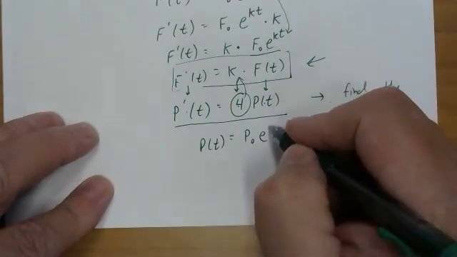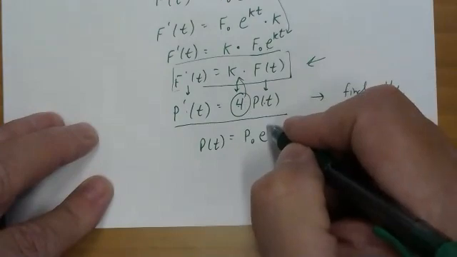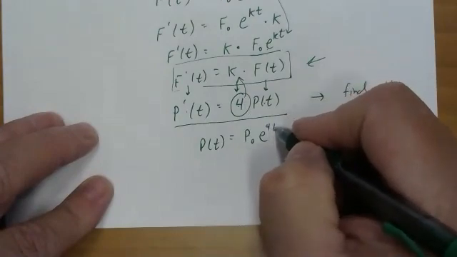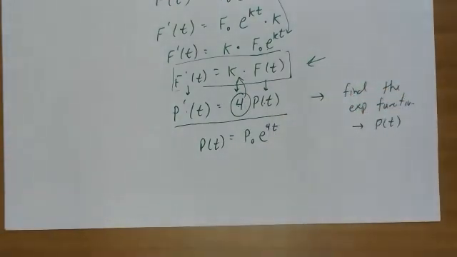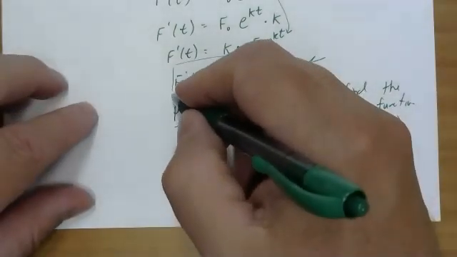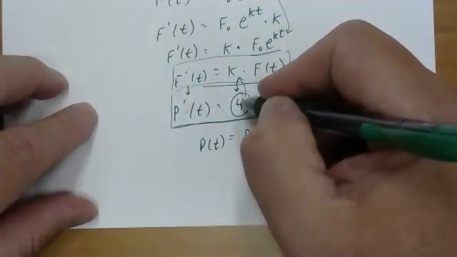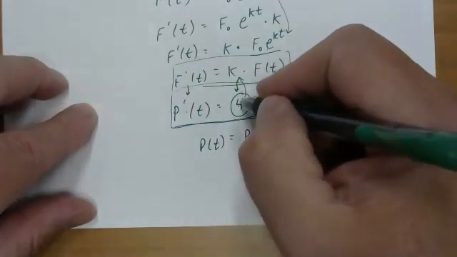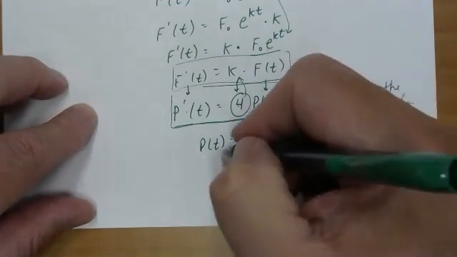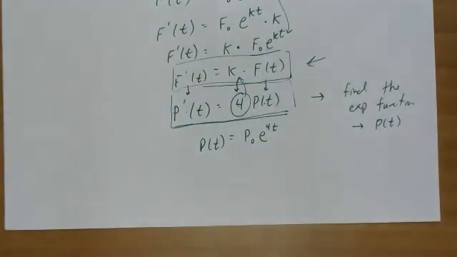But when I have kt up here, because of this 4, I know it's actually 4t. In fact, the whole reason they give you this is to tell you what the k is, because you need to know the k if you want to write the exponential function.